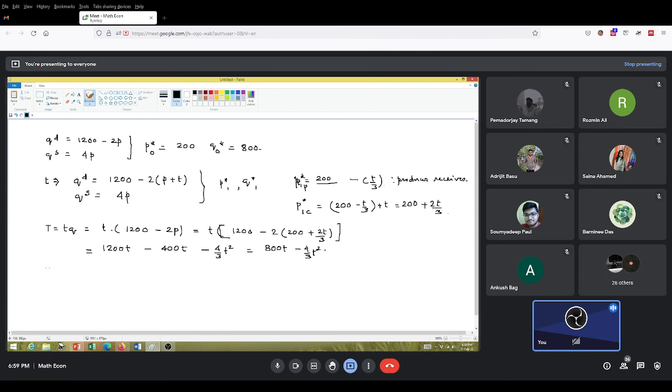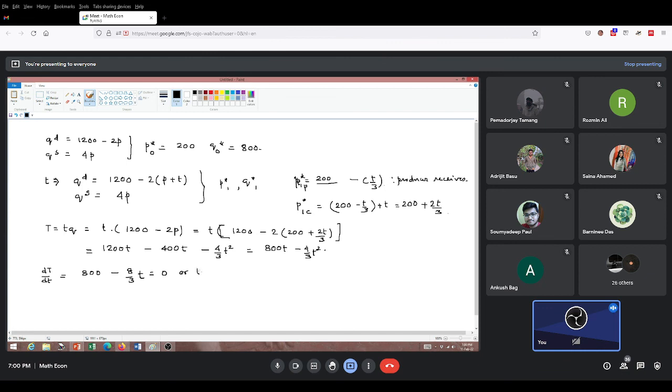Now can you find out what is the optimal tax rate? This is 800 minus 8t, equal to 0.